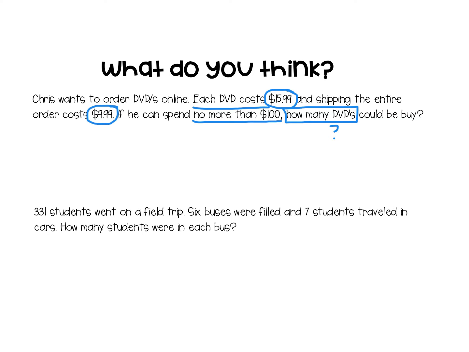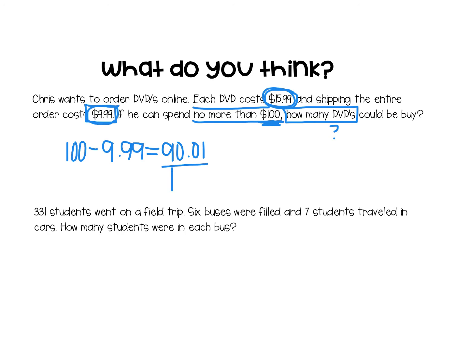So some of the things that I noticed in the first problem is that he has $100 total to spend. And no matter how many DVDs he buys, he has to pay $9.99 in shipping. So I'm going to go ahead and take that 100 minus the $9.99, and that leaves me with $90.01. So that's how much money he has to spend on DVDs that cost $15.99 each.